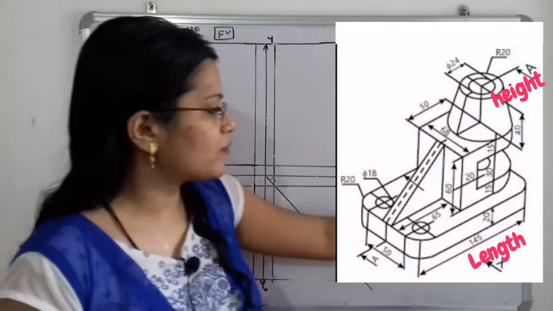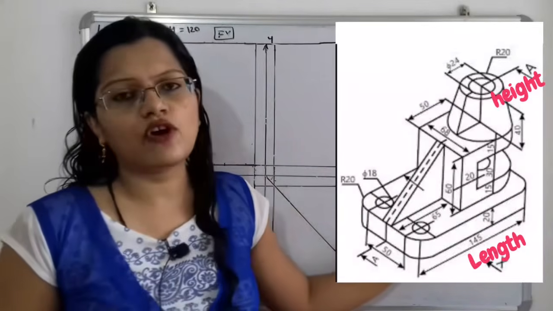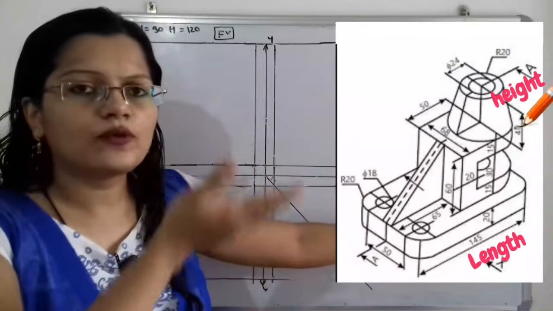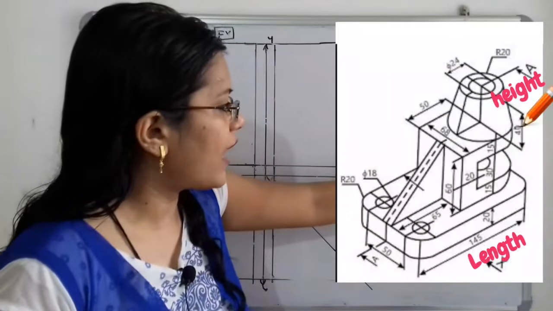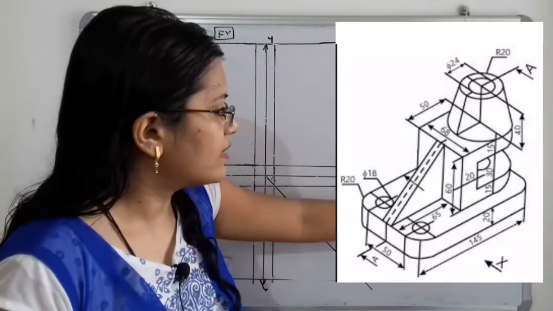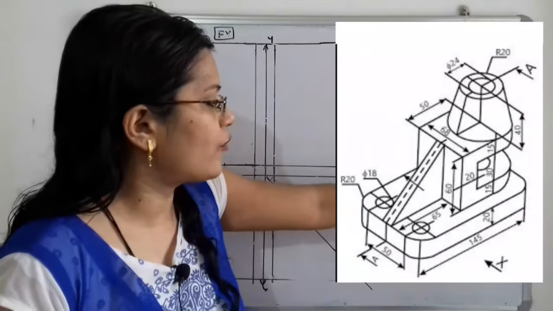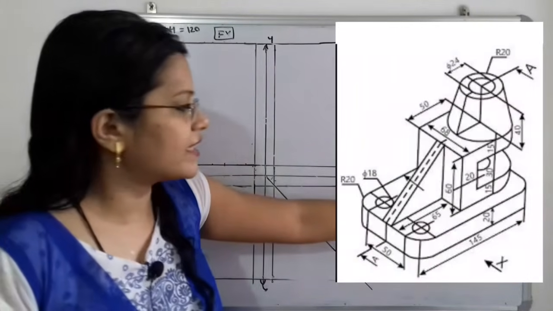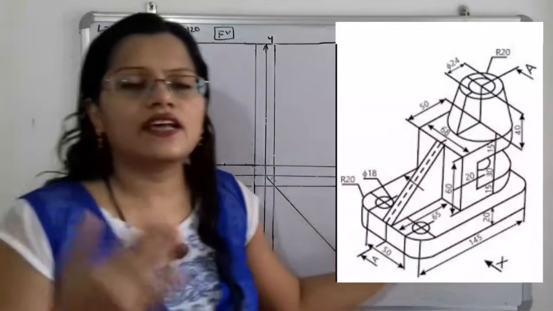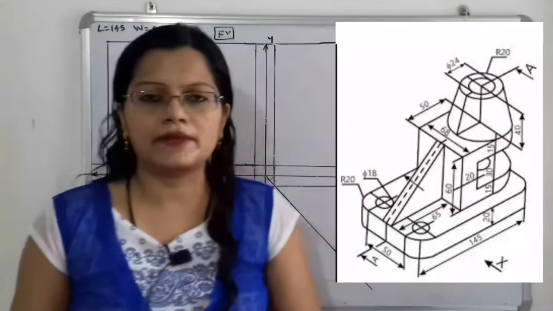The length, that is 145 millimeter, is already given. And what is the height? We will move from top to bottom. From the top the height is given, that is 40. Then after that the height is given, that is 60. So 40 plus 60 is 100, and then the base portion has 20 height, so the height is 120 millimeter.